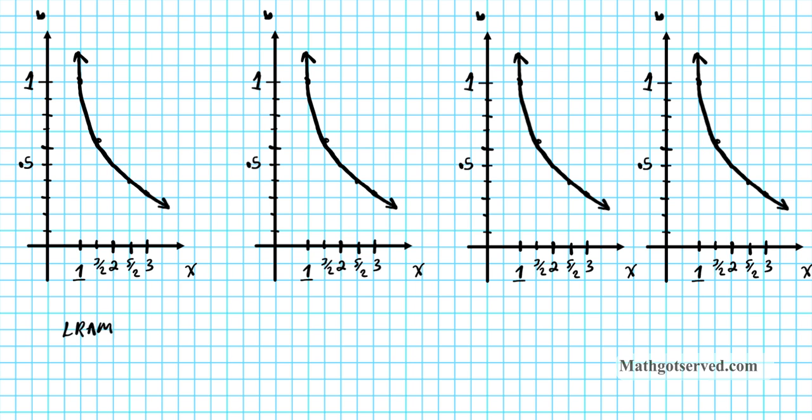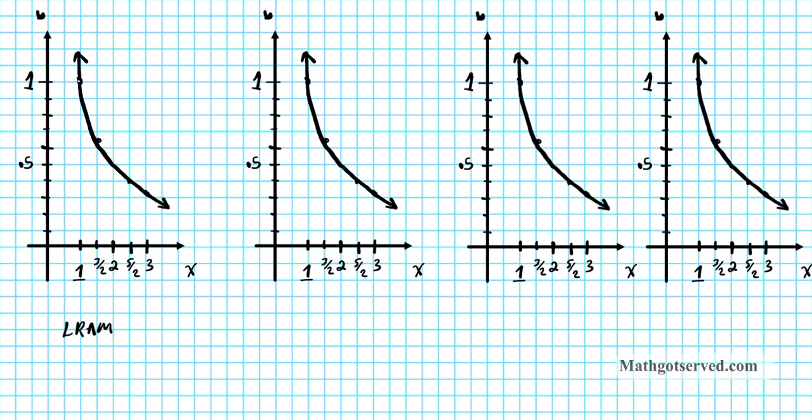All right, so what I did is I cloned my original graph four times, so I don't have to do the same thing over and over again. So let's do the LRAM. For LRAM, we're just going to let the points to the left of each subinterval determine the heights of our rectangles. Okay, so we're going to go from 1 to 5 over 2.